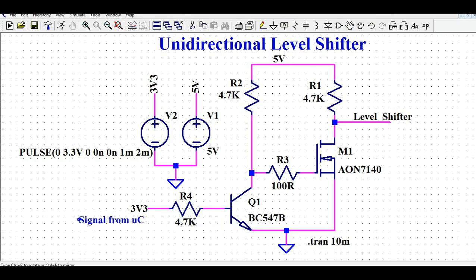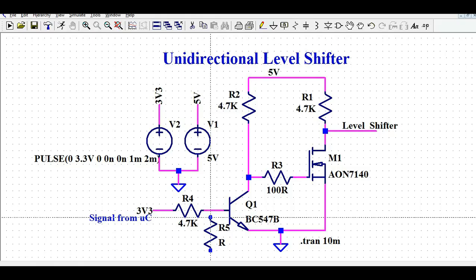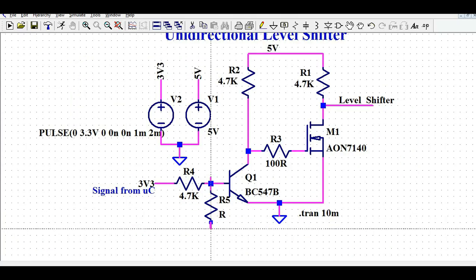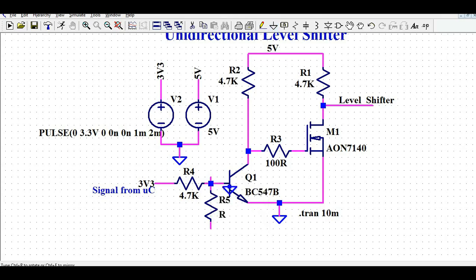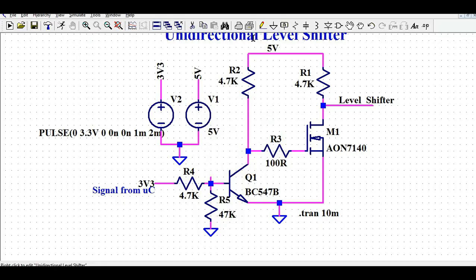In order to give a stable signal, I will also connect one pull down resistor to give the logic state low. You can connect ground here. So let me connect ground here. The resistance value I'm going to use is 47K.